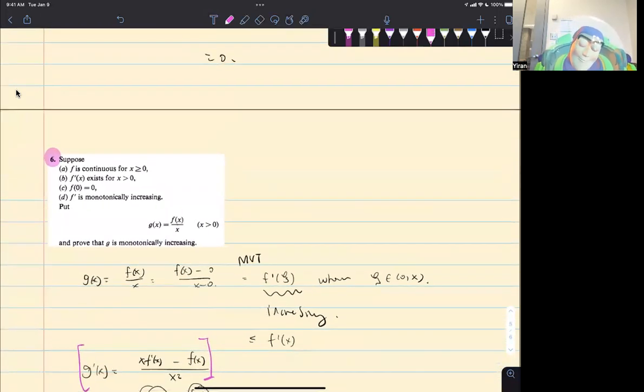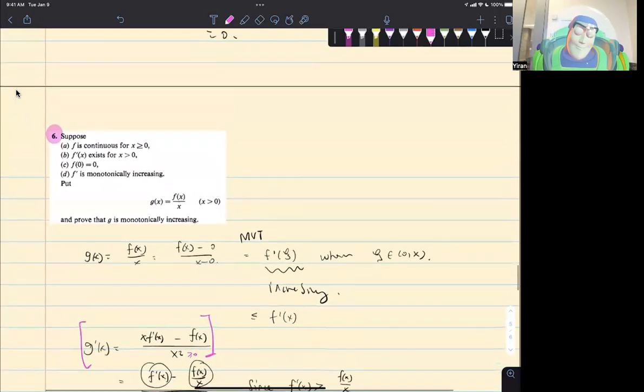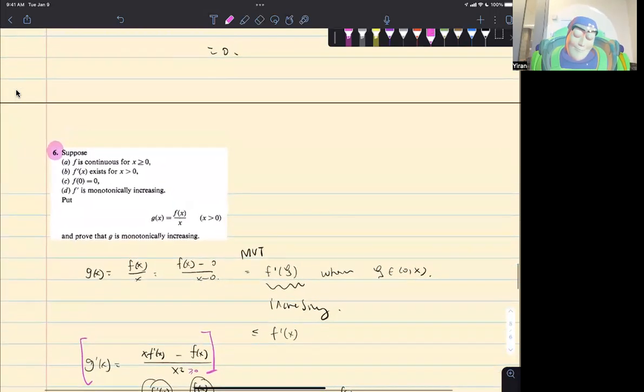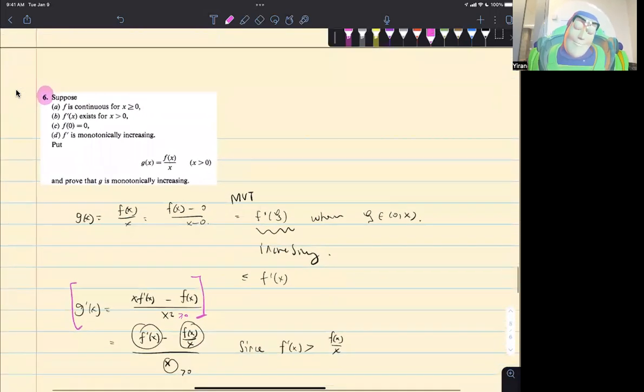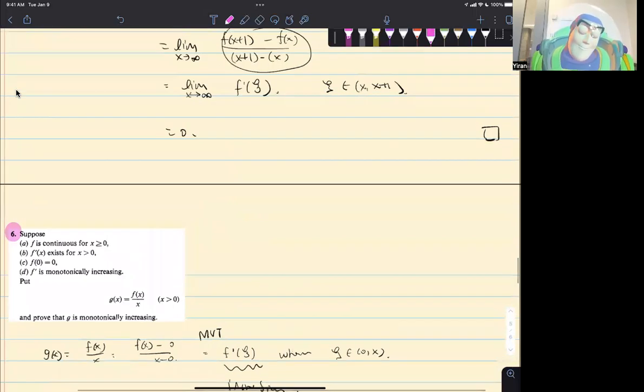So we know this is larger or equal to 0, right? Actually, let me rewrite everything.